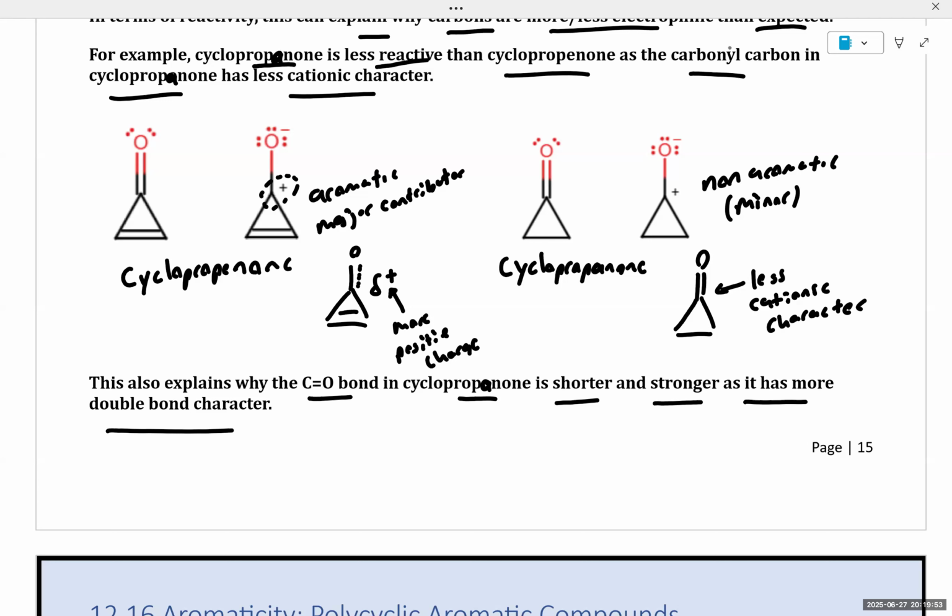In the actual structure, there will be a lot more positive charge on carbon. This carbon is much more reactive, and this CO bond is longer, has a lot more single bond character. Compared to cyclopropanone, where this resonance structure is non-aromatic and minor, the carbonyl carbon will have less cationic character, and this CO bond is shorter.